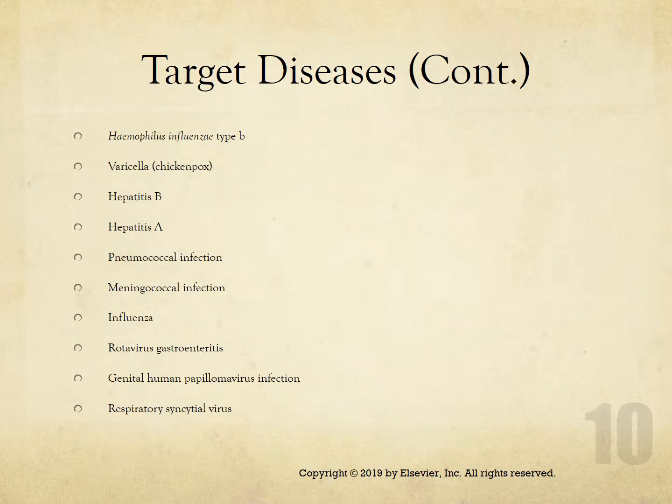These are some of the other target diseases and the newer ones that came out, which have helped, especially with epiglottitis. I've seen one case ever, and now with the vaccines, that would be one of the things that we're not going to see on a regular basis.